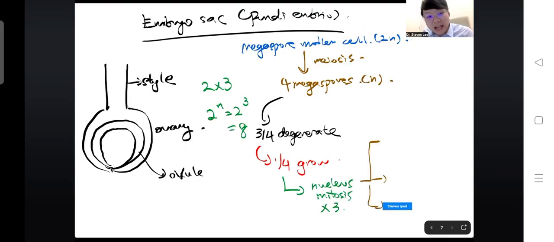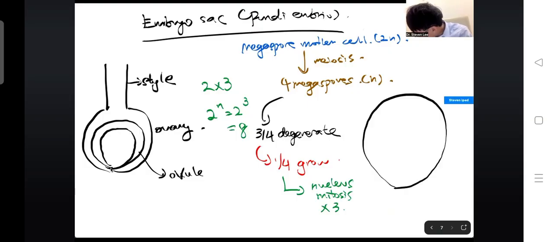So your job now is to know how these 8 nuclei are going to be arranged. Some of them will even start to form cells. Let me show you. This is very important. Let me delete this. This is a megaspore.